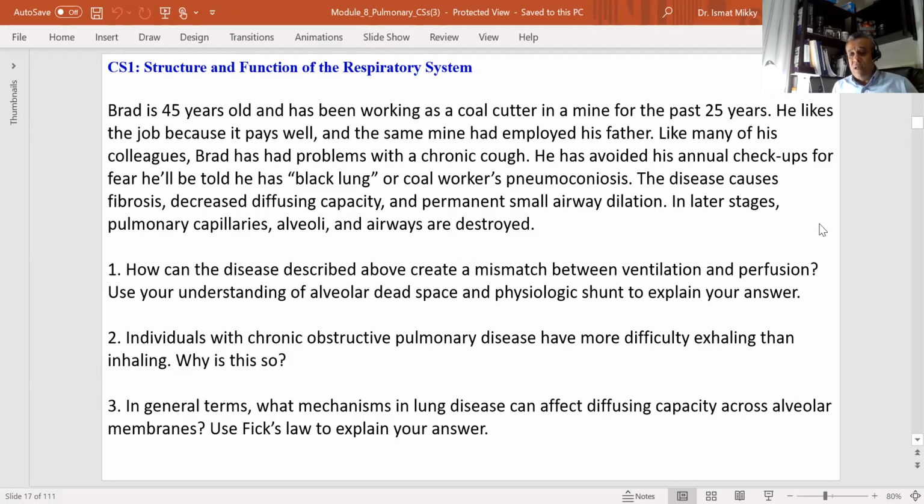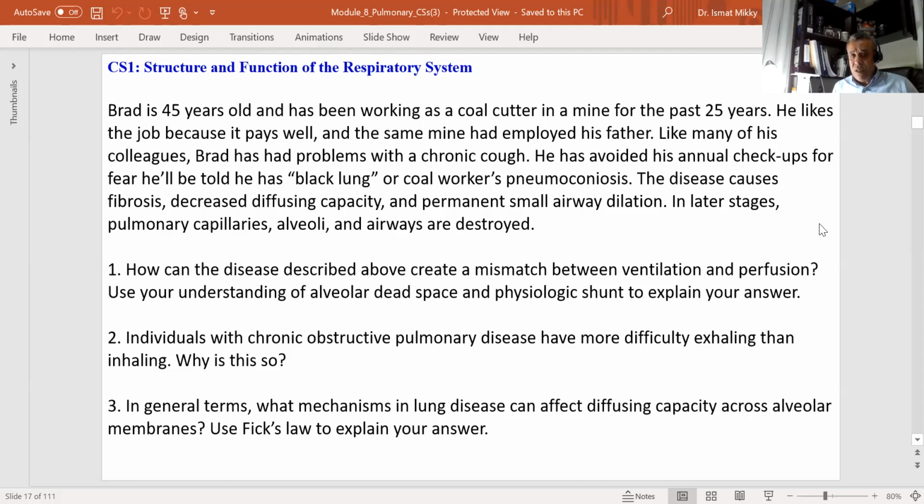Perfusion includes the exchange of gases between the alveoli, O2 and CO2, and the blood vessels in the pulmonary vasculature.